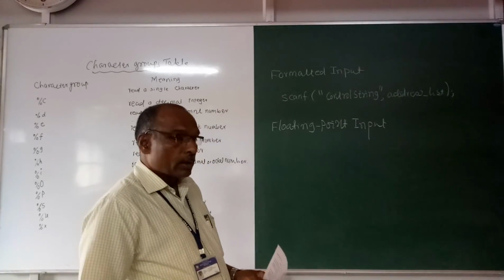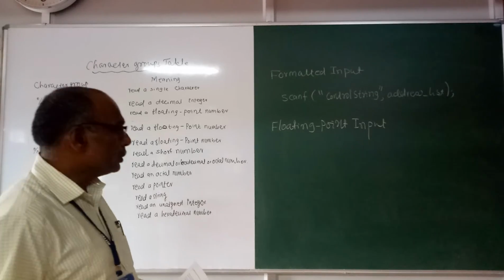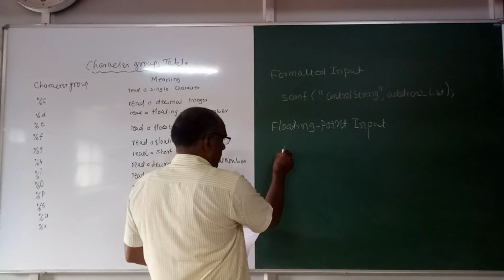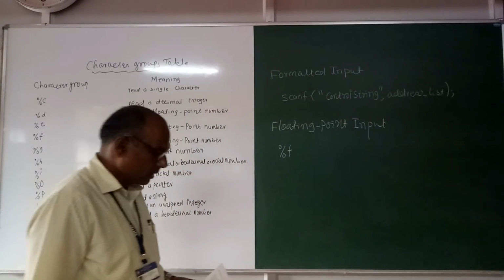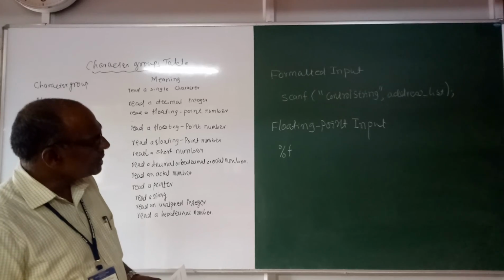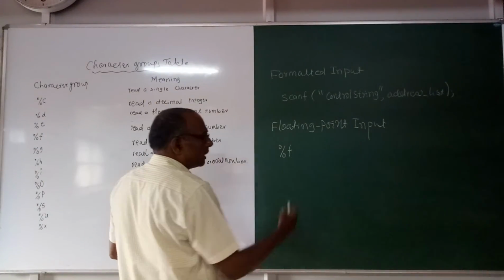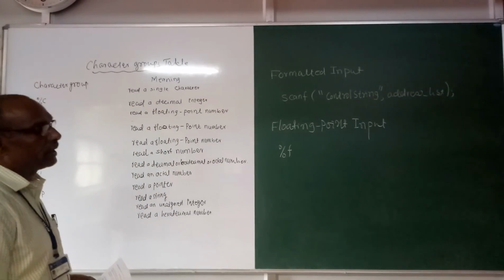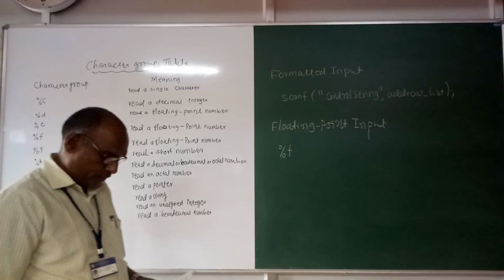So floating point number can be input using percent symbol and F normally. A field specification is not greatly specified for a real point number or real point input.